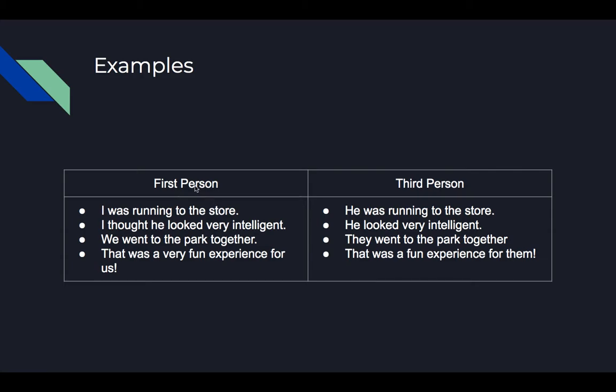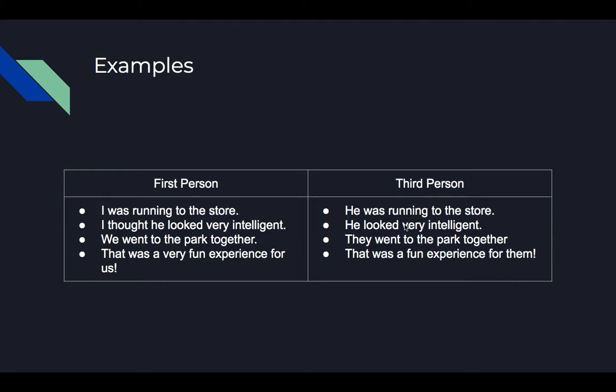So first person point of view, I thought he looked very intelligent. I. Third person point of view, he looked very intelligent. Okay, just describing, does not use I or we. Over here, it says we went to the park together. That is in first person. Third person is they went to the park together. Okay, we versus they.